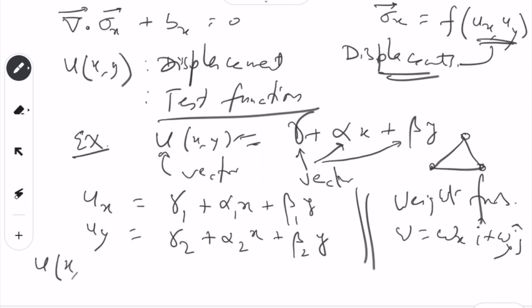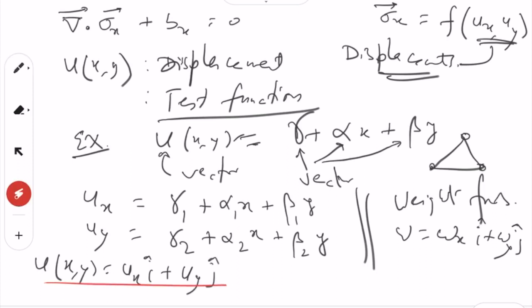If u xy is equal to ux i plus uy j, then w is also a vector. If u, the test function, is a vector, then w will also be a vector, so it will also have two components.